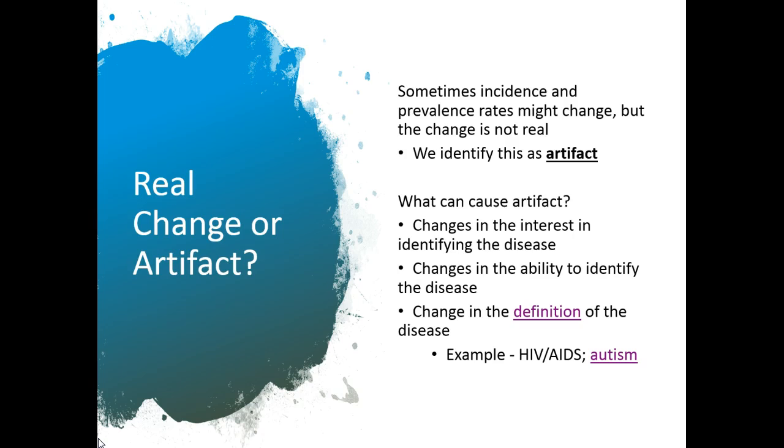And another source of artifact has to do with changes in the definition. Things like autism have been redefined, and whereas previously children were labeled as mentally challenged, we now have an autistic spectrum that includes a lot of different diagnoses.